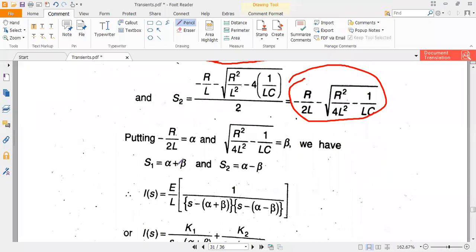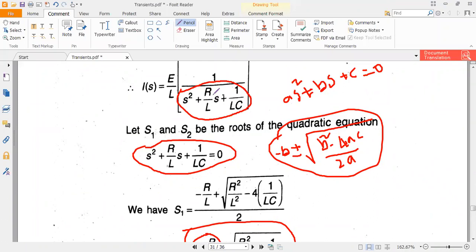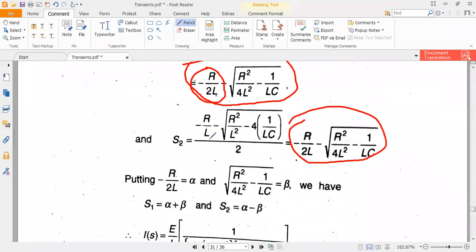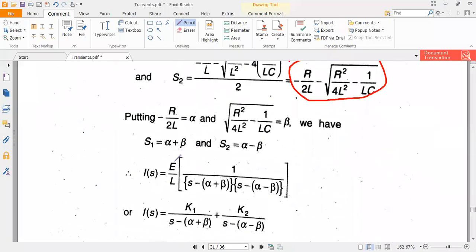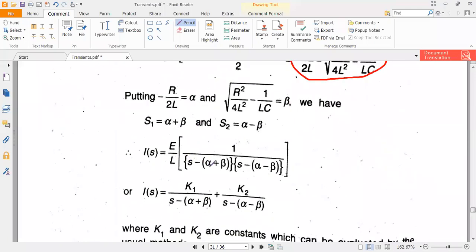Okay, then if you substitute this alpha plus beta and alpha minus beta in this equation, because you can replace this equation as S plus A into S plus B. Here the roots are A and B, so you can write it as S minus of alpha plus beta into S minus of alpha minus beta. So these are the two roots.